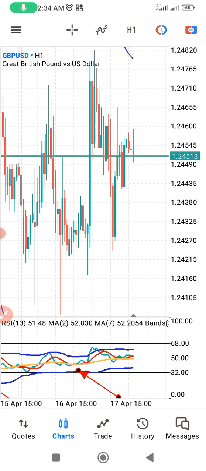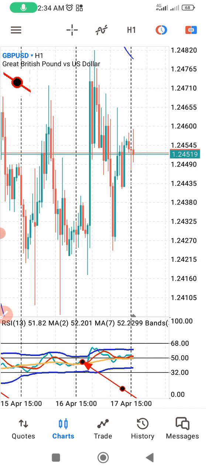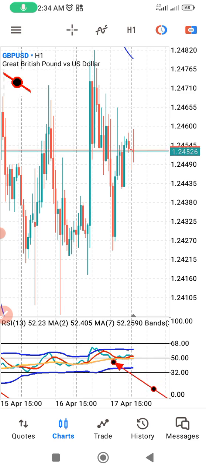And what we are saying is that before you begin to make your entry, come to your 1 hour time frame and look at the market sentiment line, which is the gold indicator on your chart.